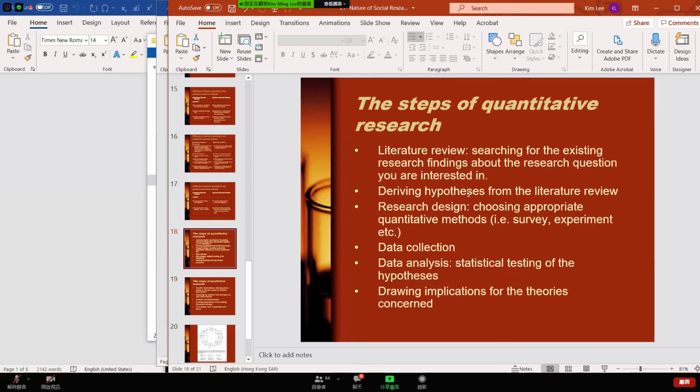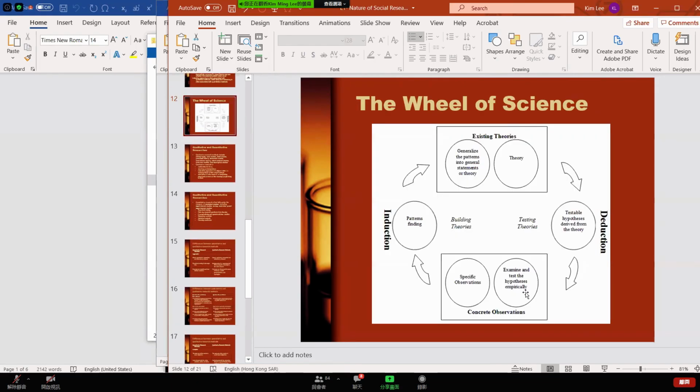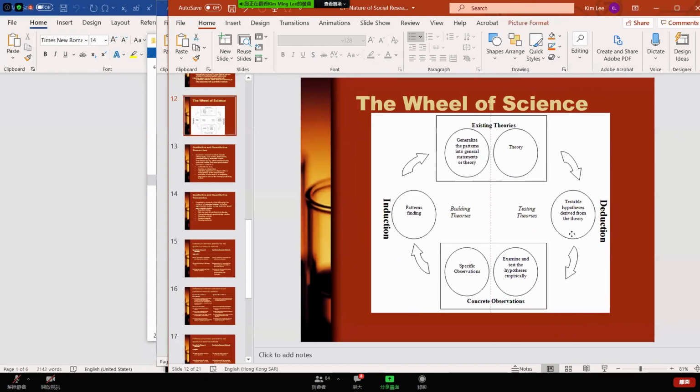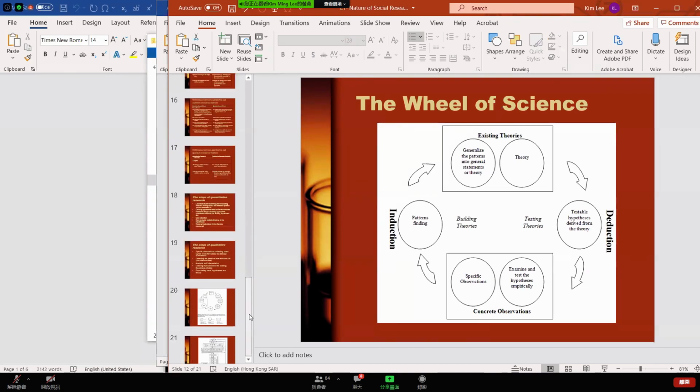So this is why you derive hypothesis and test it to see whether the theory is good or not. So we go back to this one. So this is quantitative research. This is qualitative research. Okay. So we complete the cycle.